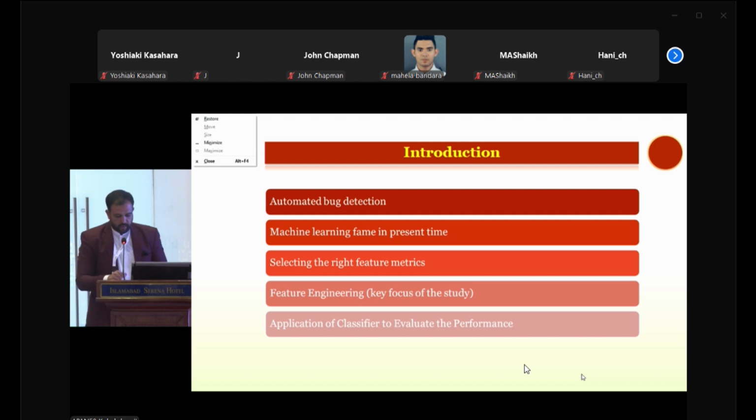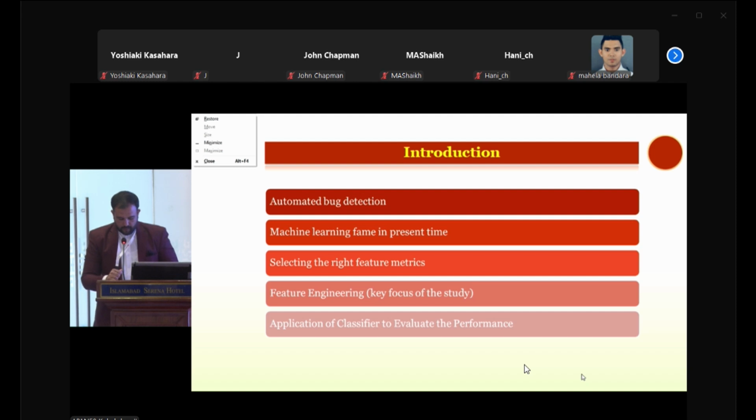Machine learning has earned a lot of fame in present times. Many machine learning models have been built and tested on various grounds. The initial stage in bug prediction is crucial, and it includes selecting the right feature matrix, which significantly affects the accuracy and complexity of the model.